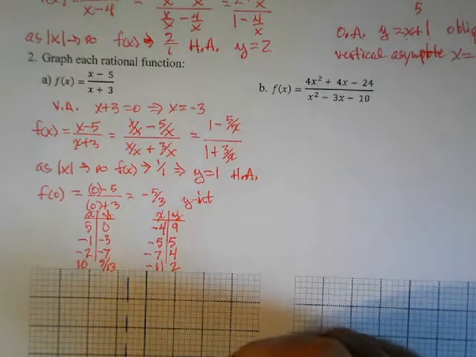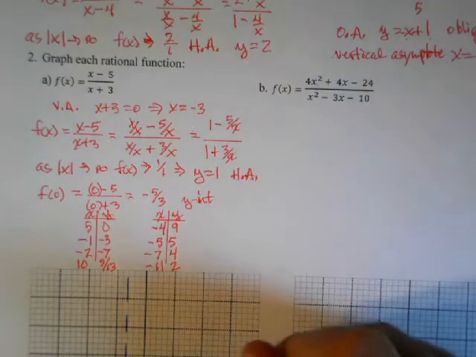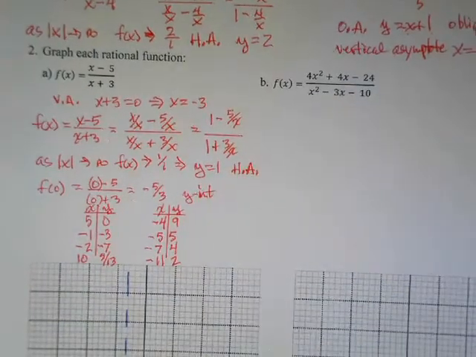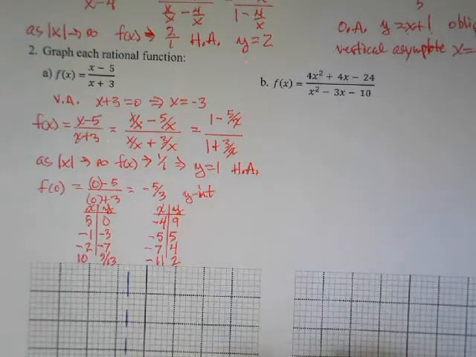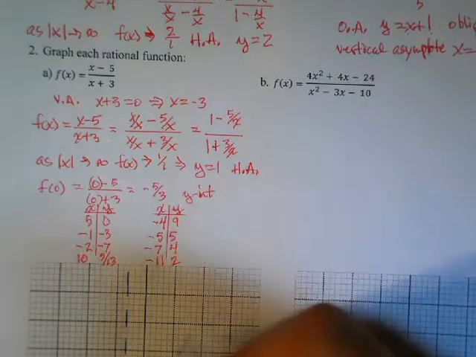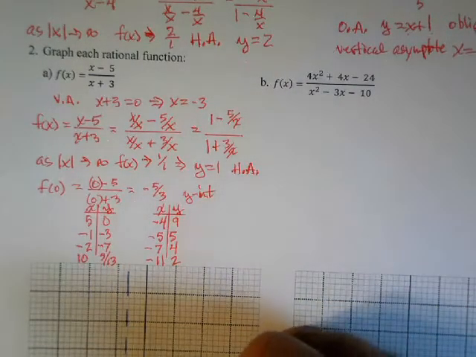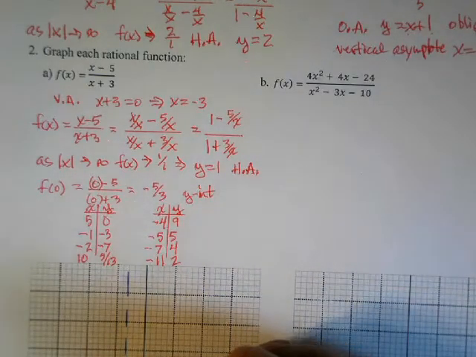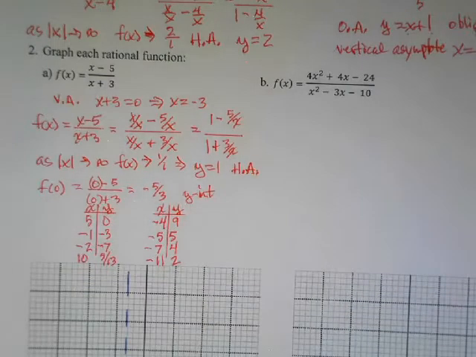And then let's go ahead and start putting our points in. 5 was 0. So that's right there. Negative 1, negative 3 would be here. Negative 2, negative 7 is there.